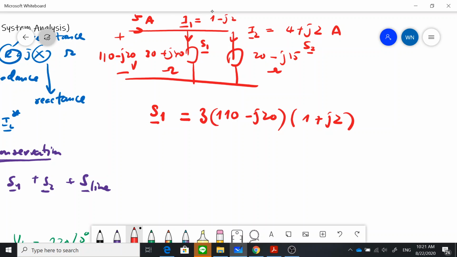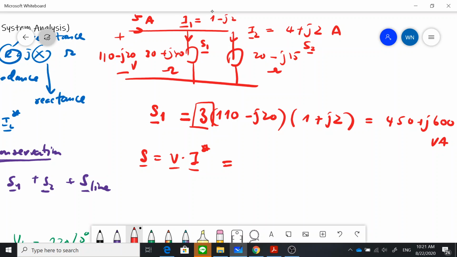Because this is a balanced three phase, you have to put 3. So this is the value that you should get, which, when multiplied by 3, gives 450 plus j600 VA. Alternatively, you could also find it in this way. You know that S is equal to V times I conjugate, right?